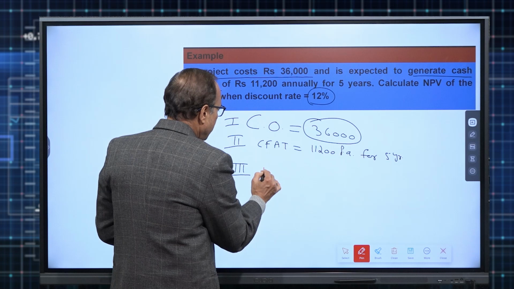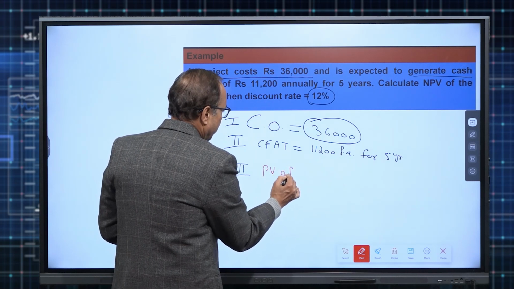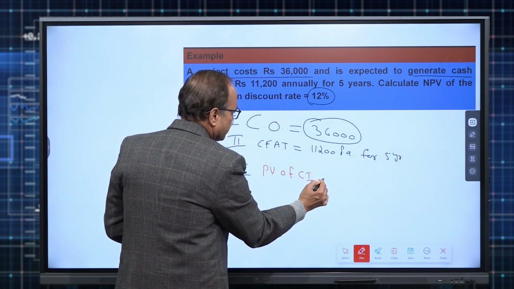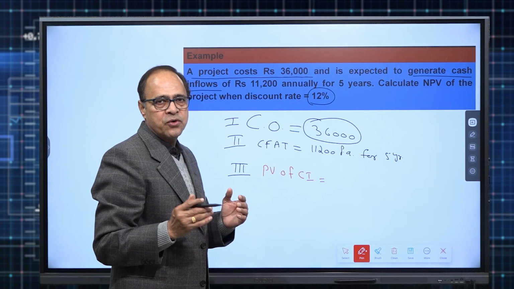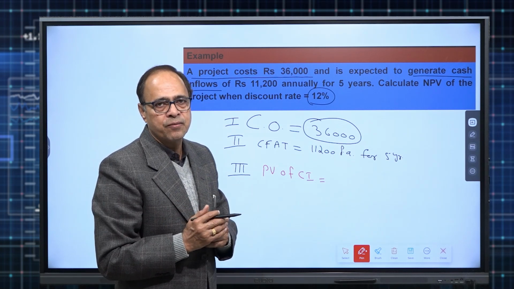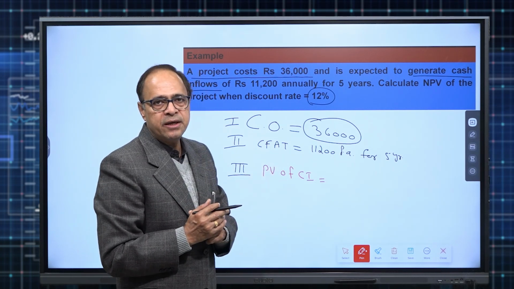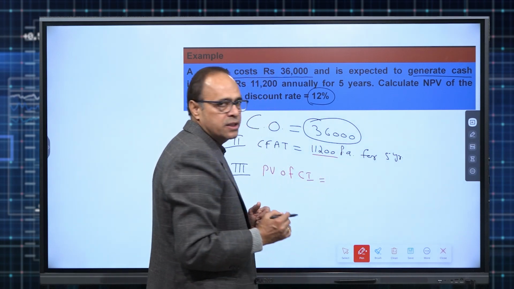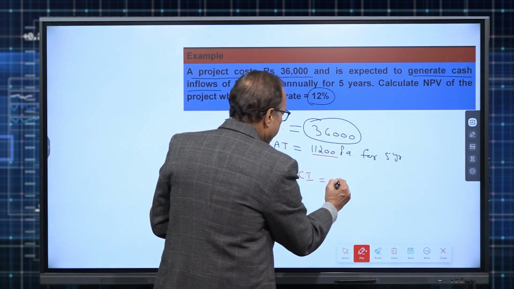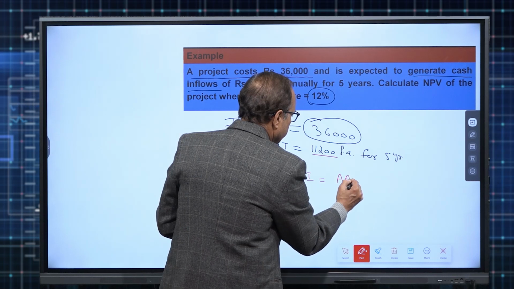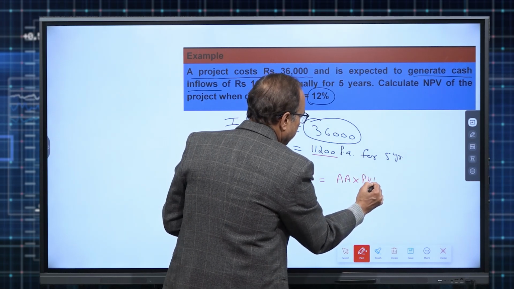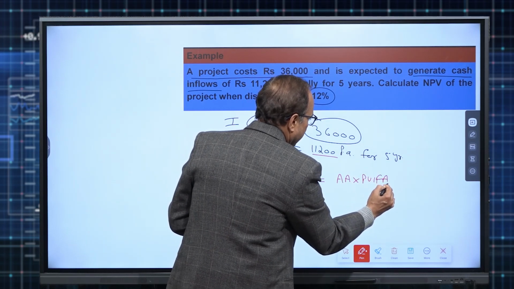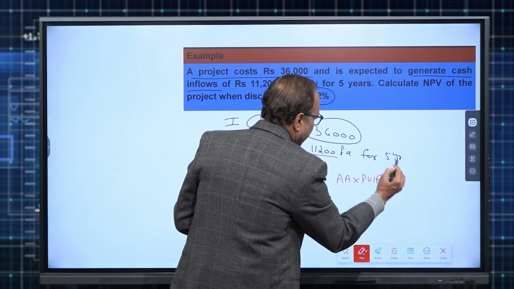Now PV of cash inflow is simply apply the formula of present value of an annuity. I am simply giving a recap of the formula. Since 11,200 is in the form of an annuity, we have annuity amount multiplied with PVIFA at certain rate for nth period.